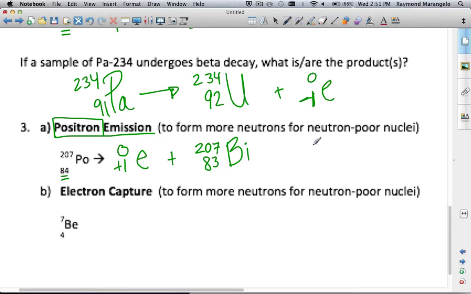Why? How did that happen? Because it had a proton which was positively charged, and let's say it had more positives than negatives. So the negatives were down here. When it gave away a proton or a positive charge, then the proton became a neutron because it had the same amount of positives and negatives.